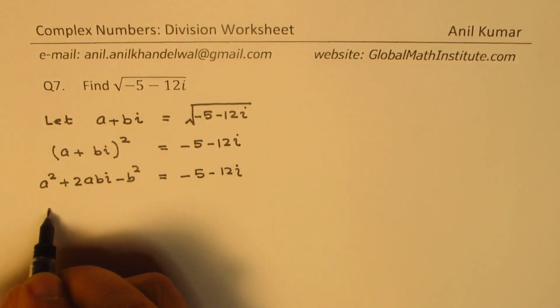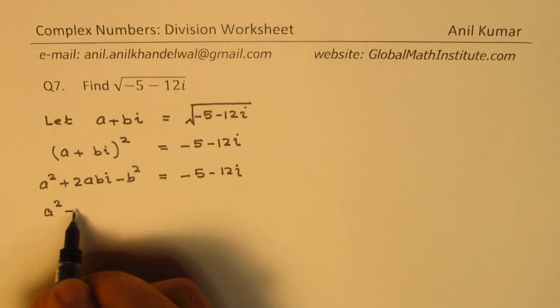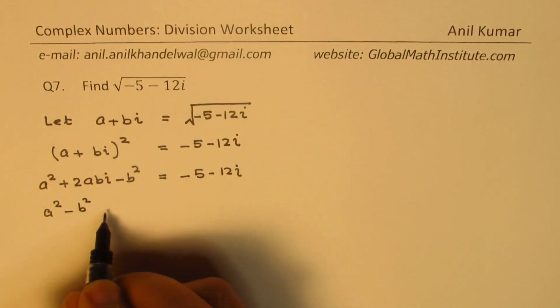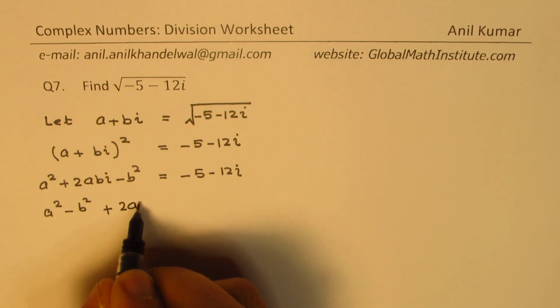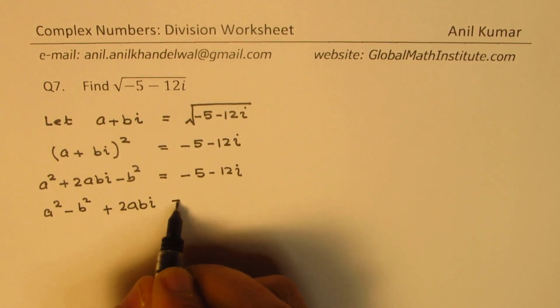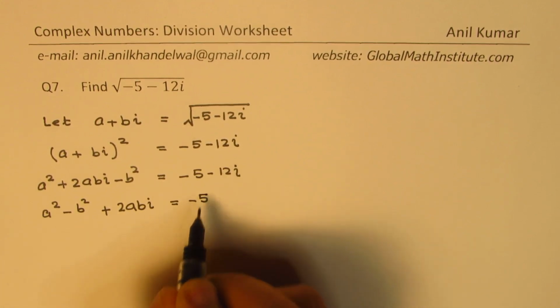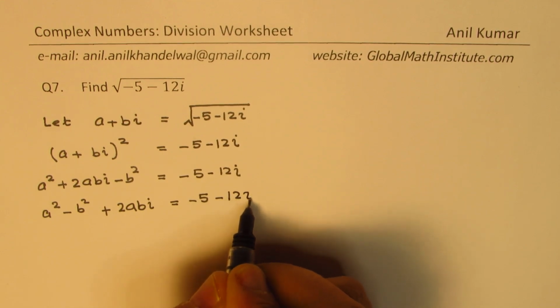Let's rearrange. So we get a square minus b square, this is the real part, plus 2abi equals minus 5 minus 12i.